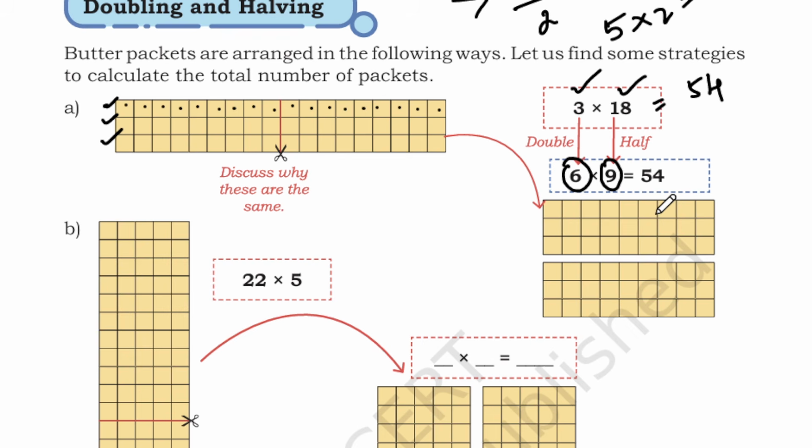Half of 22 is 11, and double 5. 5 into 2 you will get 10. So if you multiply these two, 5 ones are 5, 5 2s are 10, 110. Again here 0, 1 into 11 is 11. So 110. So both you are going to get the same answer. There is no difference, students.